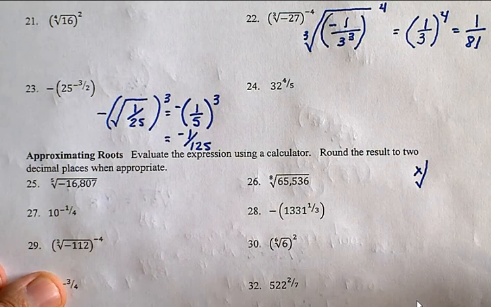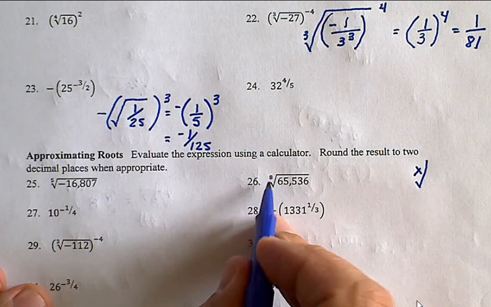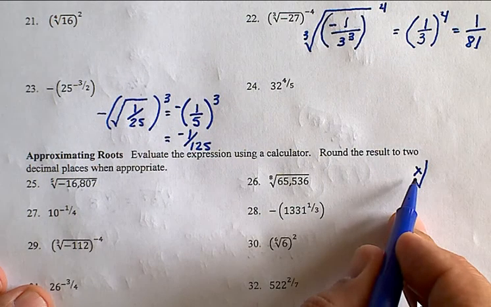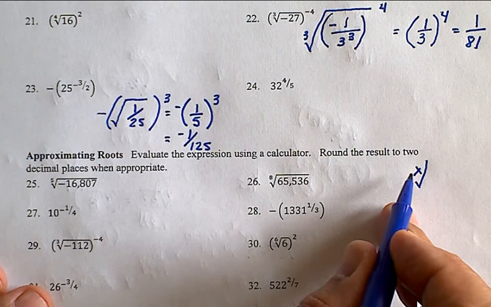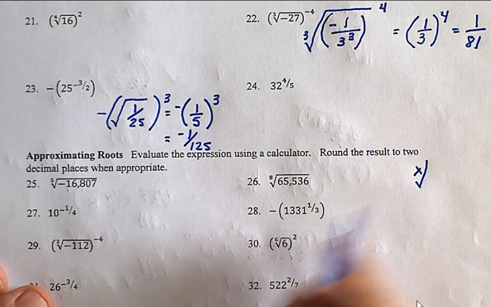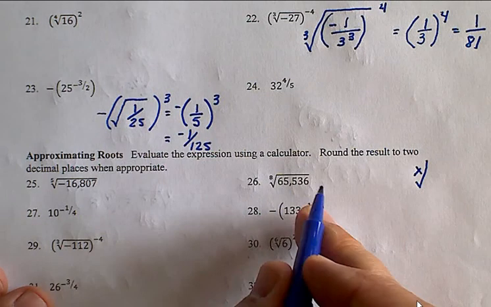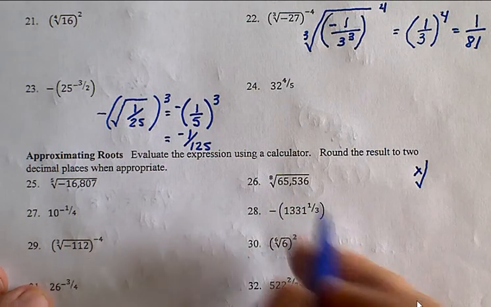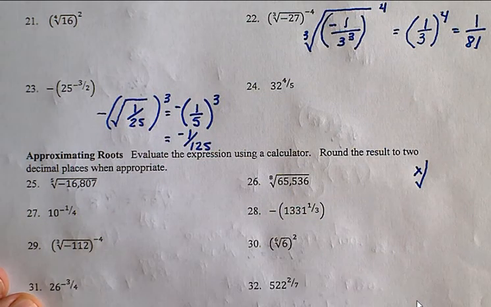If you type in the index and then go to math and find this button right here, you can click on it and then type in whatever's underneath of it and hit enter, and you'll have your answer.